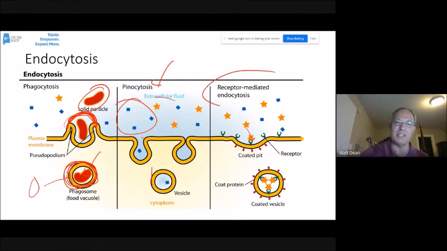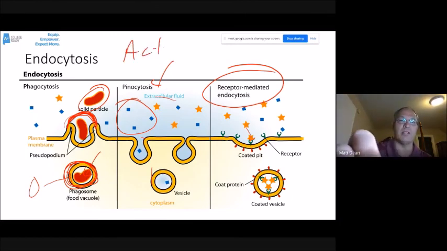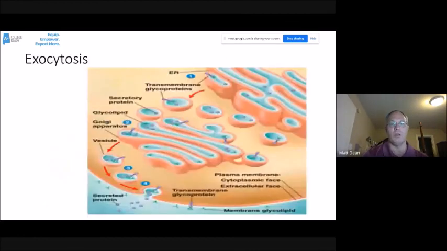So this is really a type of pinocytosis. It's just a type that's stimulated by receptors binding to solutes. Remember that endocytosis is an active process. It requires the cell to use its own ATP.